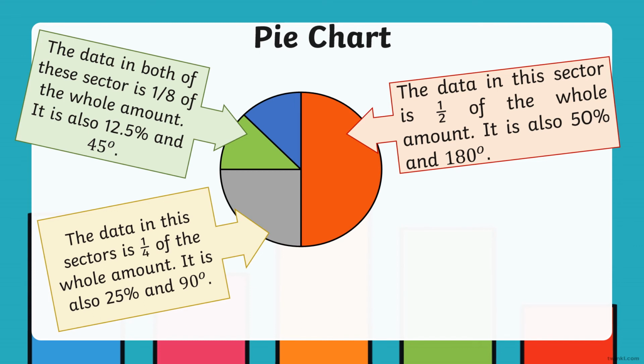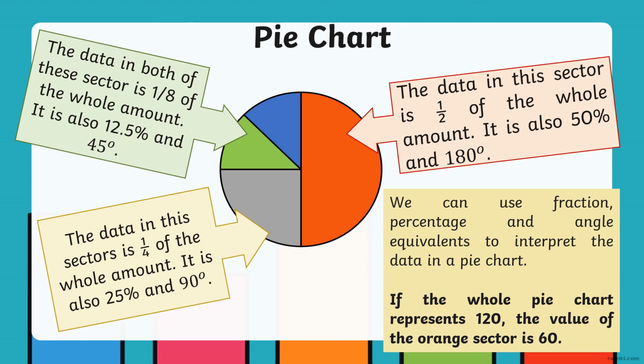So the data in both of these sectors is 1/8, and it is also 12.5%. Where did 12.5% come from? It is 25 divided by 2. And then 45 degrees: 360 degrees, the whole of the circle, divided by 8 is equal to 45 degrees.